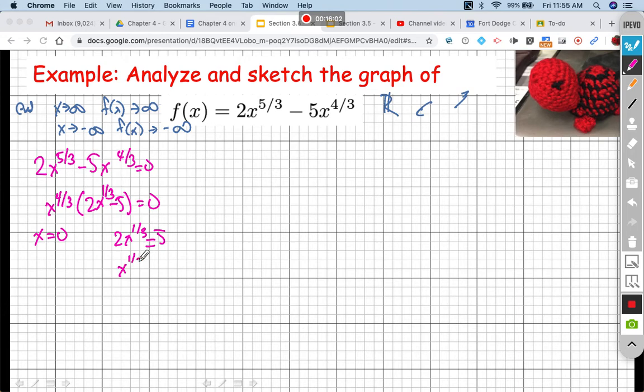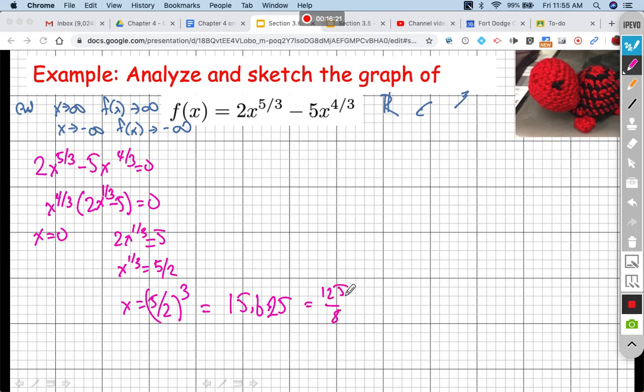So x to the 1/3 equals 5 halves. So x equals 5 halves cubed, which is 15.625. Unless you want to say 125 over 8.